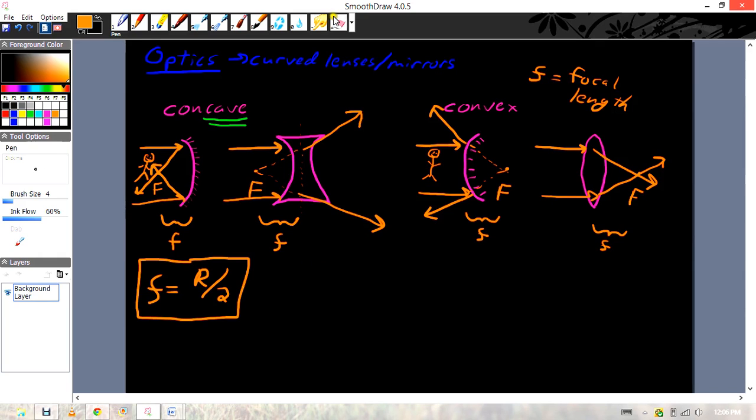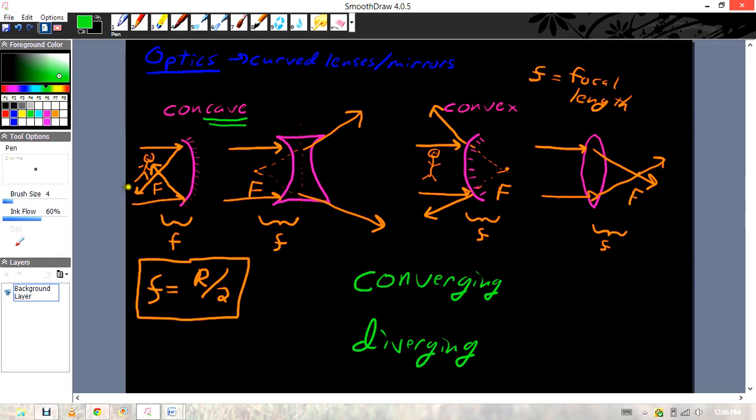Notice how there's a very important thing here. We want to sort these in one of two ways. We want to sort it by converging and diverging.